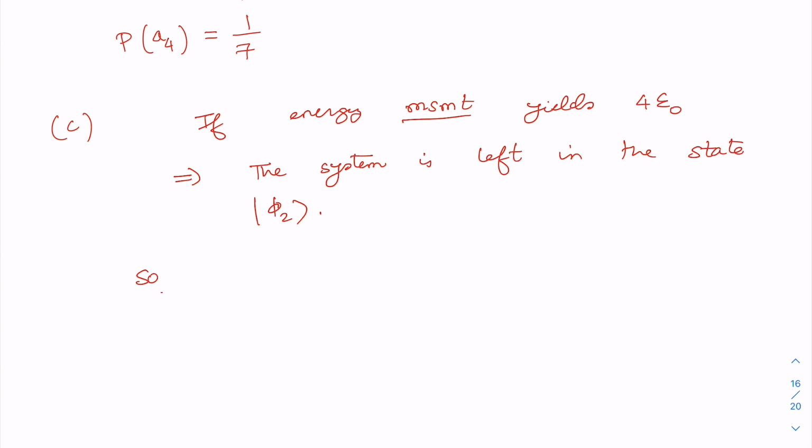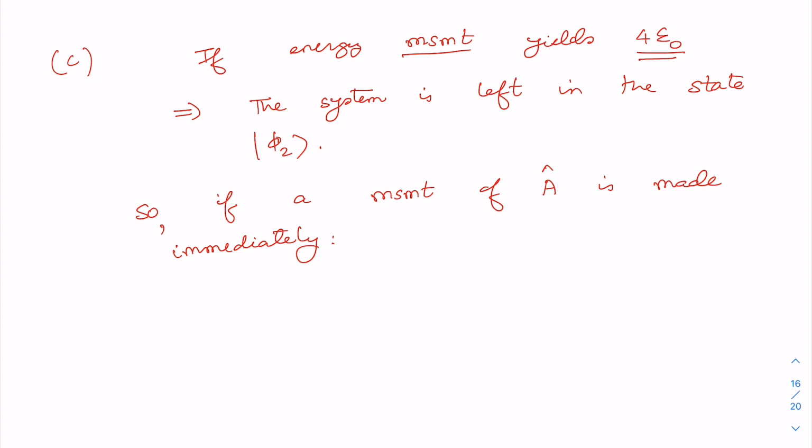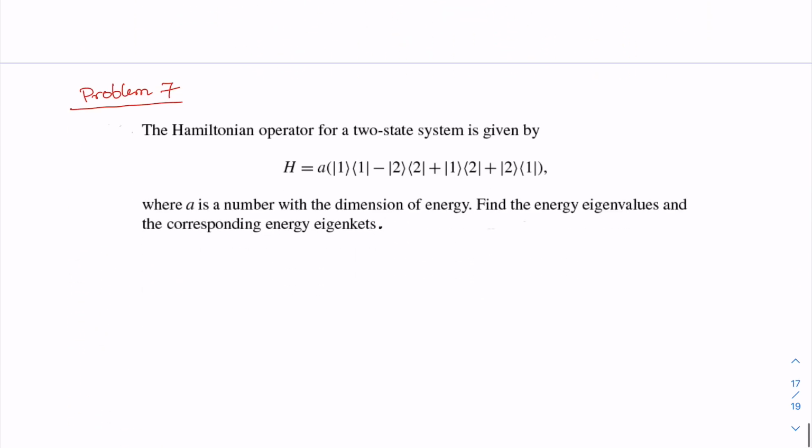So if a measurement of A is made immediately after the measurement of energy, which is yielding 4E0, then you are in the state phi 2, so you will get phi 2 A phi 2, and this is in fact 3A0 times phi 2 normalized, so you will get simply 3A0. So that's the answer. Let us now work out this problem.